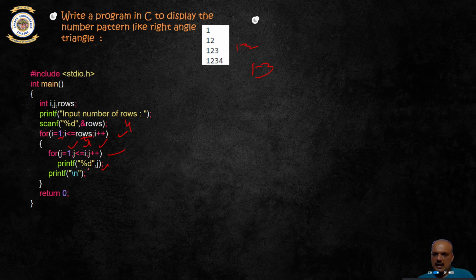After iterating through the innermost loop, I print out a new line. After each row is printed, I go to the next line using the command print \n. That is what happens with this piece of code.